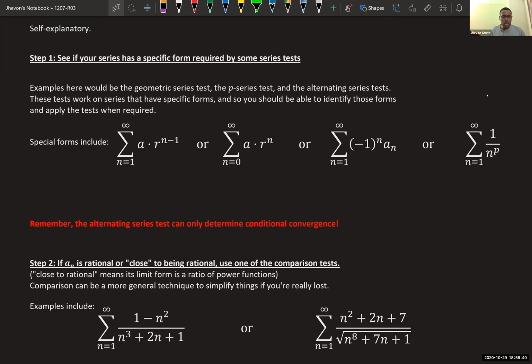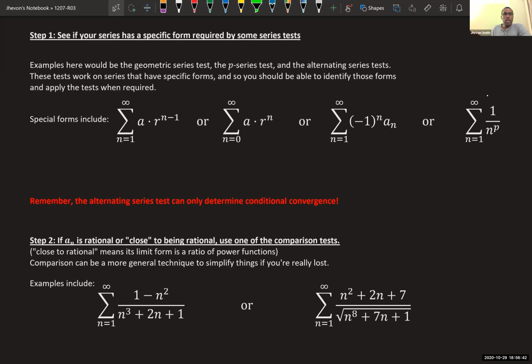Okay, so here are some things that you should notice. See if your series has a specific form. There are a bunch of series with specific forms, right? The geometric series is one of them. It has a very specific form, a times r to the n, or a times r to the n minus 1. It must look like a constant times a constant to the nth power, right? Or an alternating series has a very specific form, (-1)^n a_n, right?